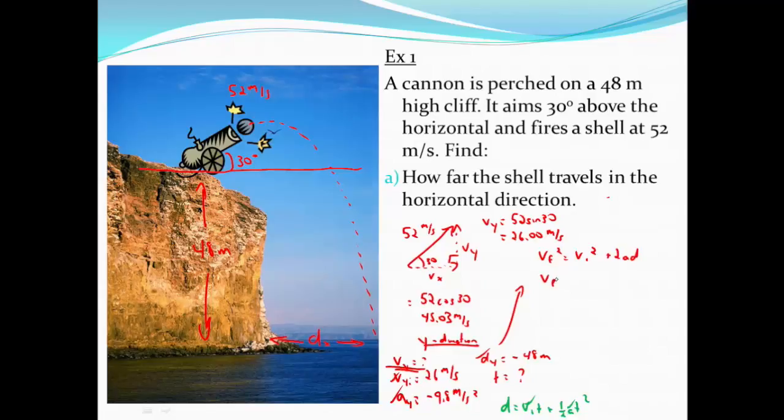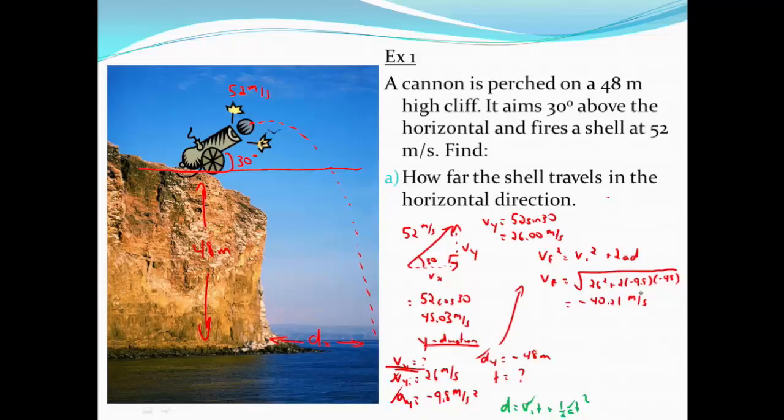And if we solve for Vf, that's going to equal the square root of 26 squared plus 2 times negative 9.8 times negative 48. And if you've plugged it all in correctly, you should end up with a value of negative 40.21 meters per second. If you didn't end up with that value, I would check your negative signs underneath the radical there.